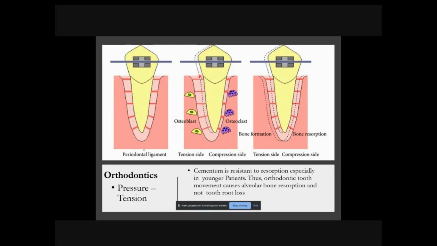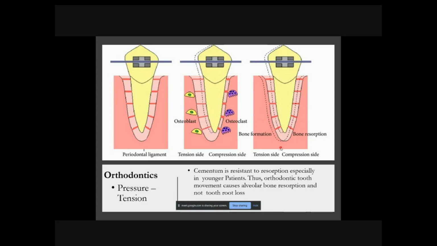So the tooth is being moved in this direction. Wherever there is pressure, there is going to be bone resorption, and wherever there is an area of tension, there is bone formation.